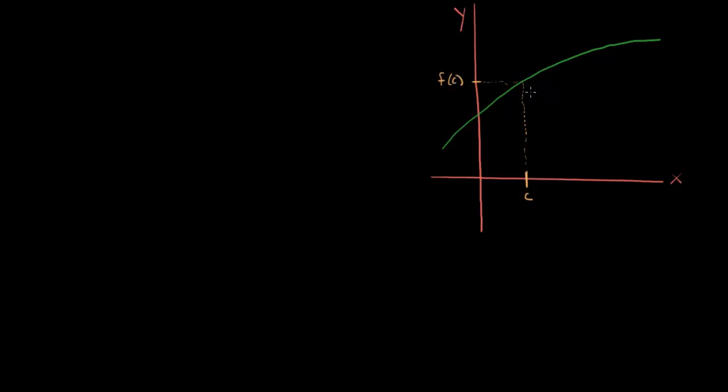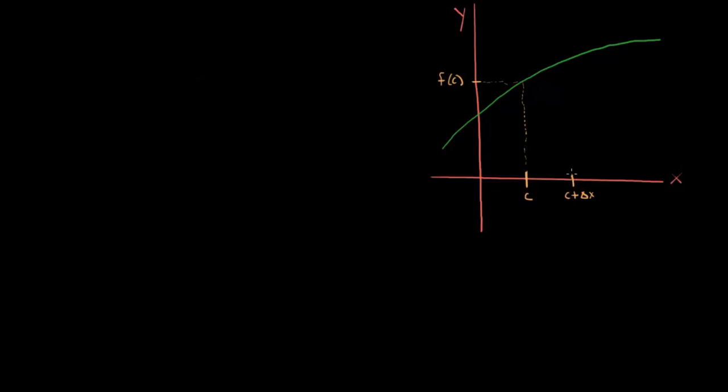Now, let's pick another point on the curve, and let's call that c plus delta x. Remember, delta x is just a very small number. So that is c plus something small, like 0.01, 0.02, or 0.001.